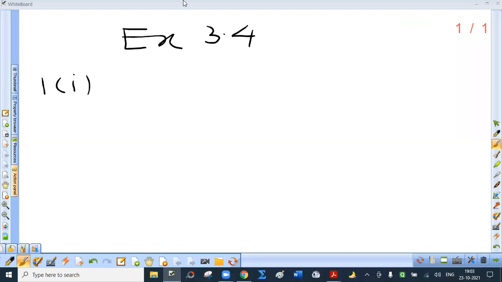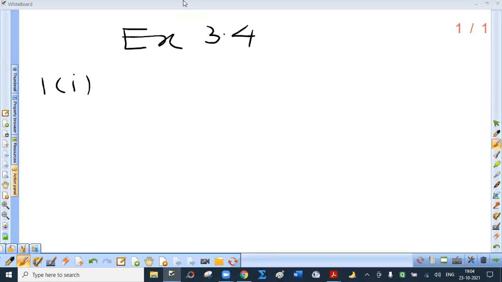Exercise 3.4, first question. Find the number of permutations of letters in each of the following words. First word is Divya. Write down. Here repetition is not mentioned, no problem. First one.